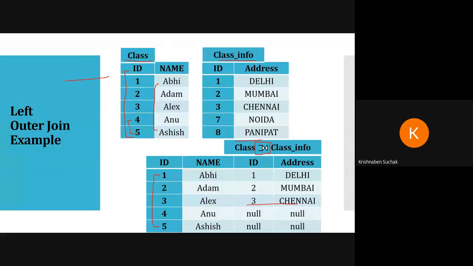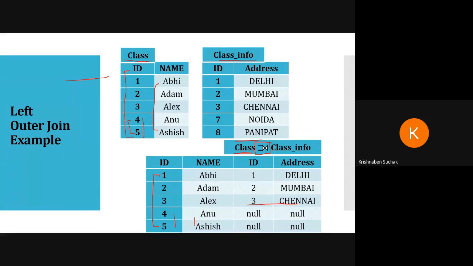But in the left outer join, we get the result of the left relation, that is class. So we also show 4 and 5 from the left side, and the name is also shown.